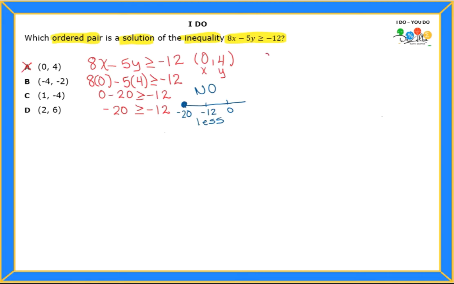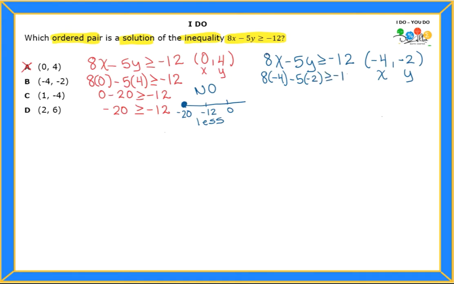So I'm going to write down the next one. I'm still going to use the same inequality. But now, instead of choosing the point for A, I'm going to go to point B, which is negative 4 and negative 2. I am going to replace my values for x and y in the inequality. So I am going to multiply 8 times negative 4, and I'm going to multiply 5 times negative 2.